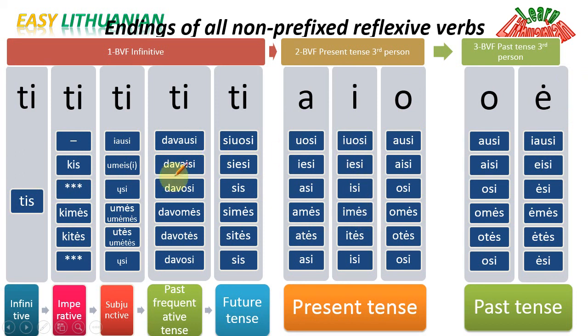Now, you're asking me why there are those brackets. Well, actually, these endings can be shortened. Those singular endings for the first, second, and third person singular can be shortened, and for the third person plural also.